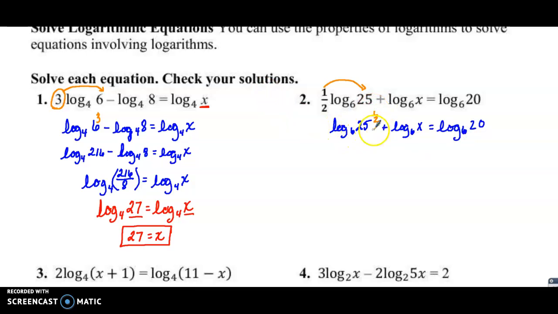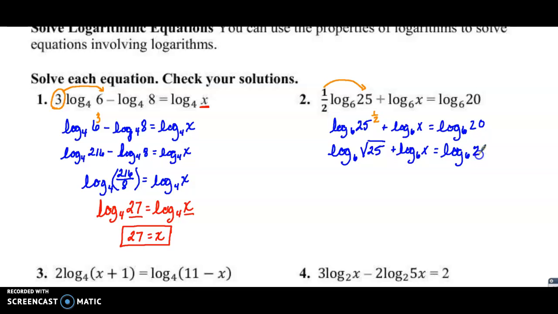Remember this exponent of a half, what that tells us is we really have log base 6, the square root of 25. And how much is the square root of 25? Well, the square root of 25 is 5.